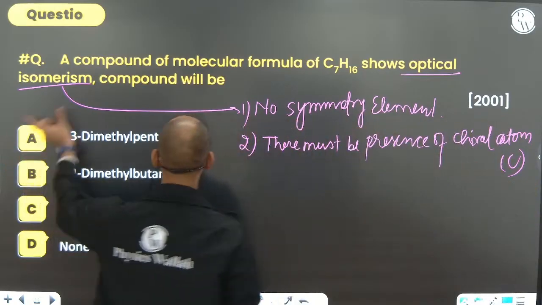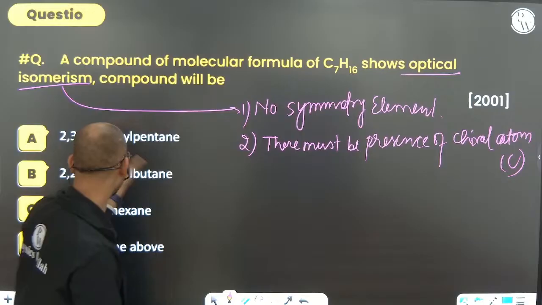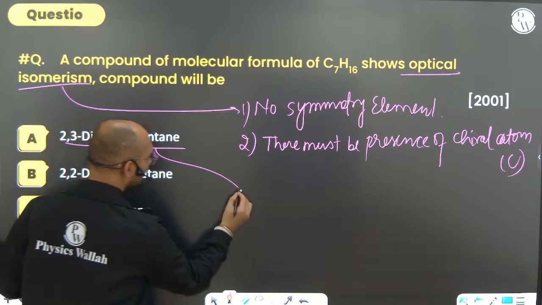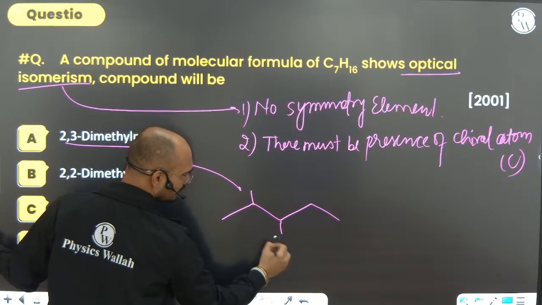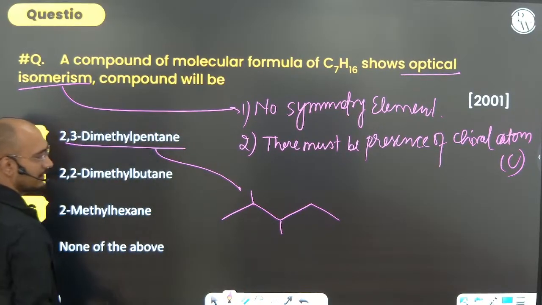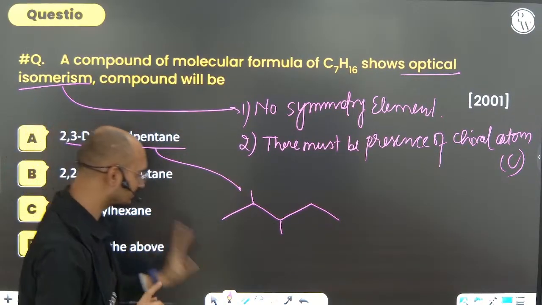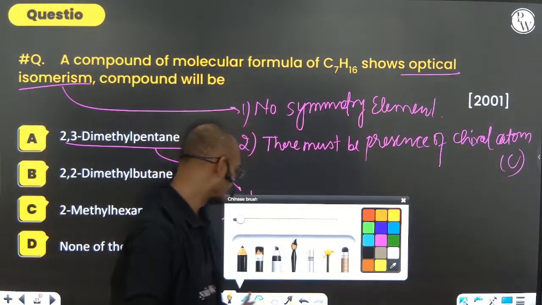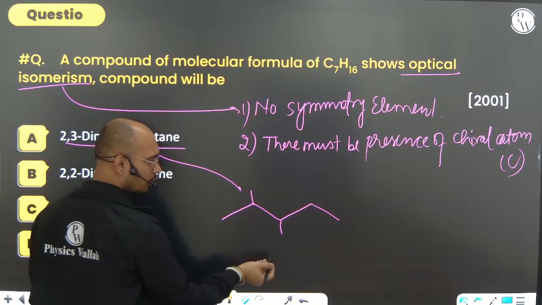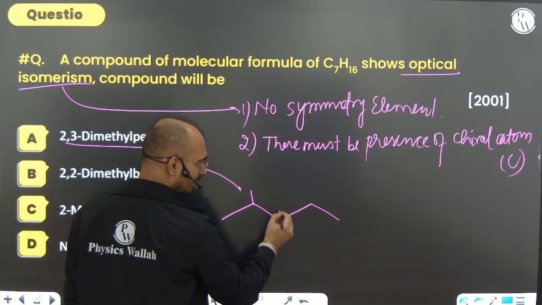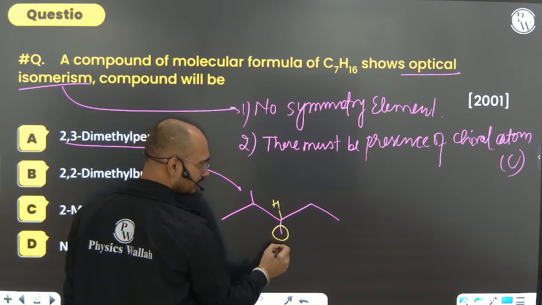Chalo zara dhyan se dekho. A compound of molecular formula. Let's make all of these. 2,3 dimethyl pentane. Is there, first of all, any kind of symmetry element here? I do not see. चलो क्या कुछ और possibility है? Let's see. क्या आपको दिख रहा है यहाँ पे क्या है? Hydrogen. Can you see here what is that? Methyl.